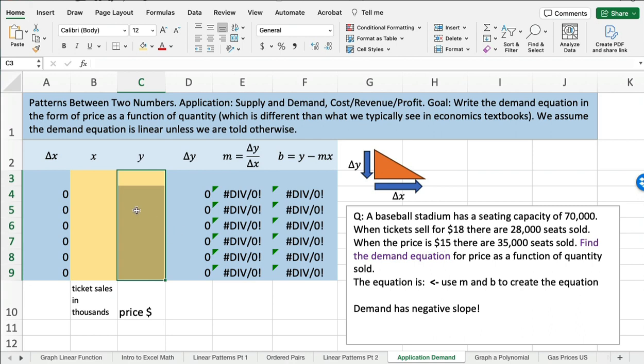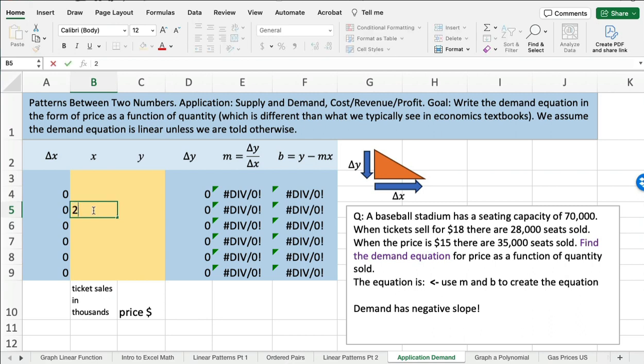All right. So I'm going to go down to about the middle of this table, and that's where we're going to start. Let's start with our x's. If the y's are price, then the x's are ticket sales. Instead of using the numbers in the thousands, we don't need those extra zeros, so we're going to start with just the number 28 for x.